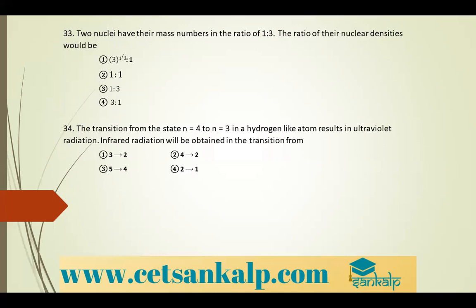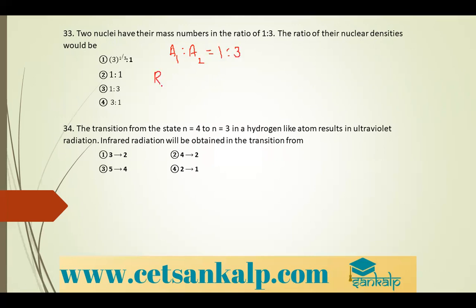Two nuclei have their mass numbers in the ratio 1:3. The ratio of their nuclear density would be. As given here, A1 is to A2 is 1:3.